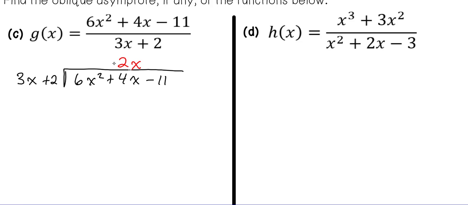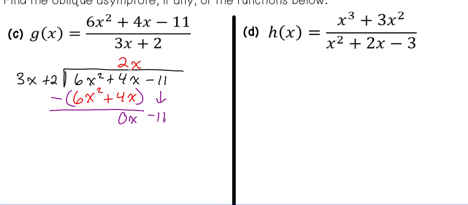Because 2 times 3 is 6, x times x is x squared, and 2x times 2 would be plus 4x. Now remember on this, we are subtracting. So 6x squared minus 6x squared is 0. 4x minus 4x is 0. And we want to bring down the negative 11. So that means we have a remainder of negative 11.